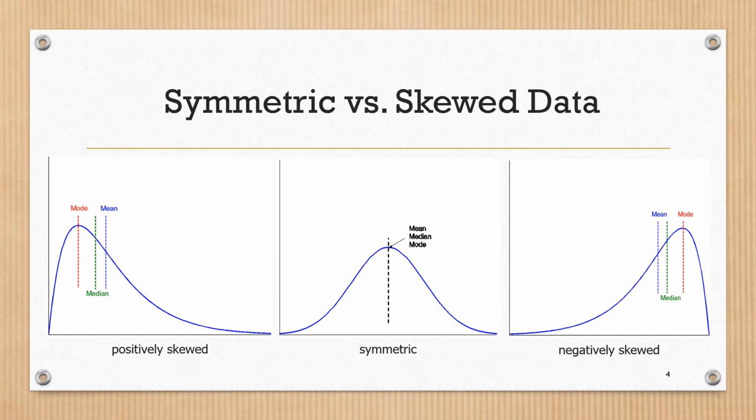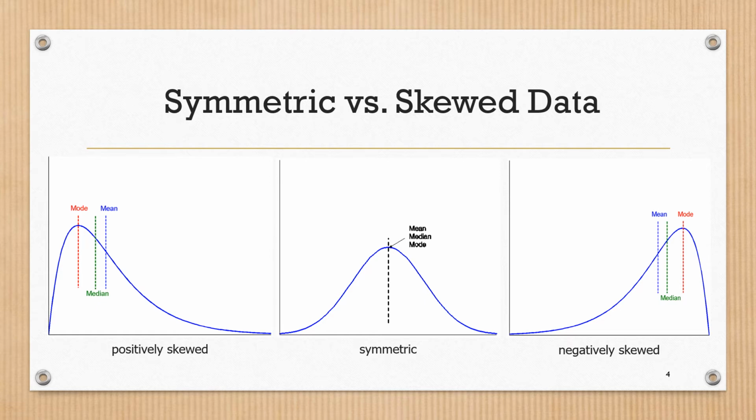On the screen, we'll illustrate three frequency curves of a unimodal distribution. The middle graph represents the symmetric data distribution, where the mean, median, and mode are all at the same center value. Data in most real applications are not symmetric.